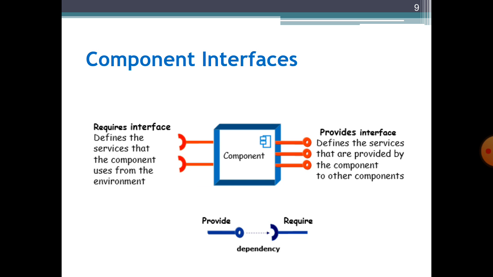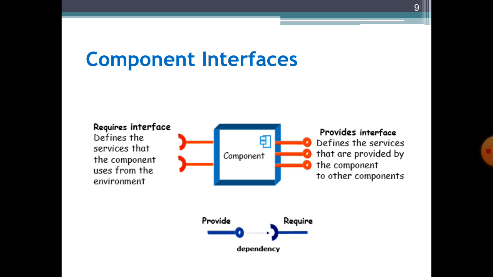So here are the component interfaces, showing how a component looks. There are basically two interfaces for a component. The first interface we call a require interface, and the second is a provide interface.